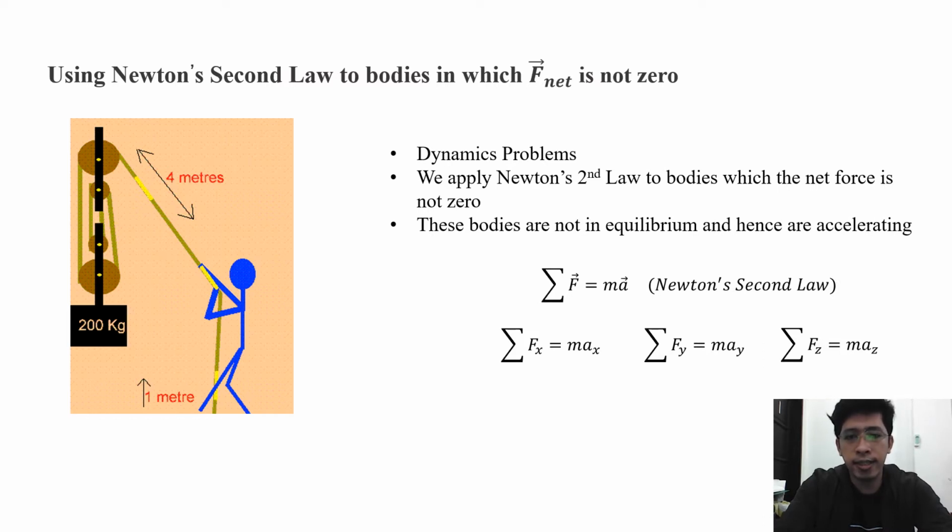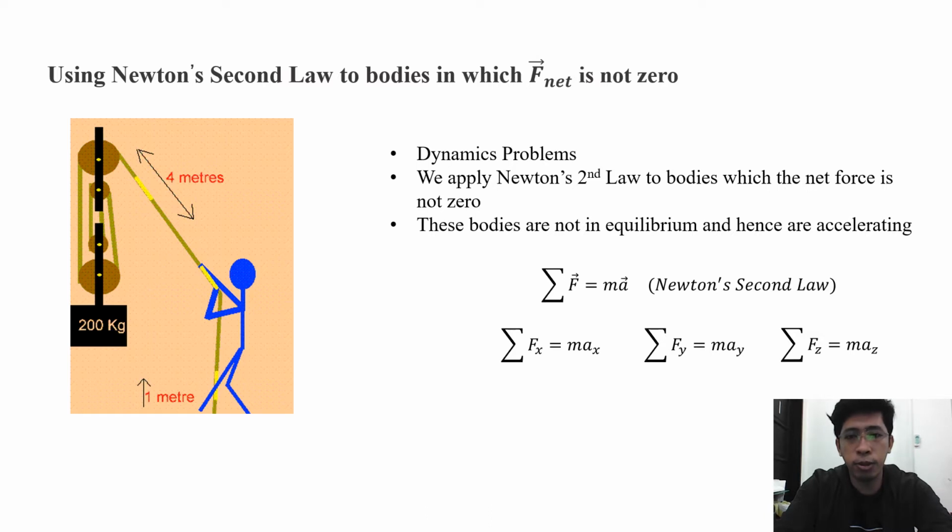If that's the case, then we're going to apply Newton's second law, that is the sum of all the net force F is equal to mass times acceleration. And since force and acceleration are vector quantities, we have the individual components: the sum of all Fx is equal to mass times acceleration along the x-axis, the sum of all Fy is equal to mass times acceleration along the y-axis, and the sum of all Fz is equal to mass times acceleration along the z-axis.